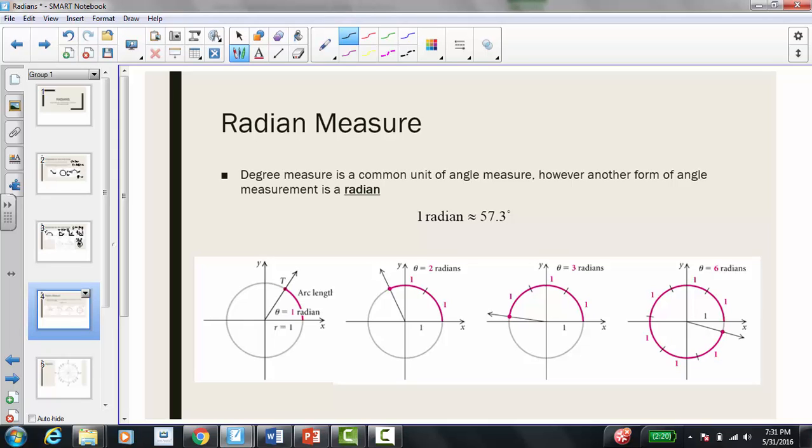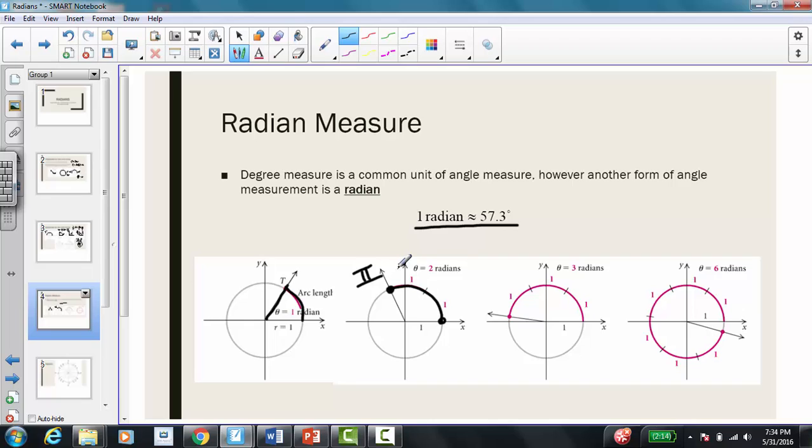And 1 radian is approximately 57.3 degrees. As you can see in this first picture, we traveled a distance of 1 radian, which is approximately 57.3 degrees. In the second picture, I have traveled 2 radians to put me in the second quadrant.